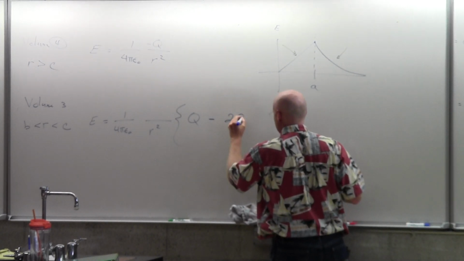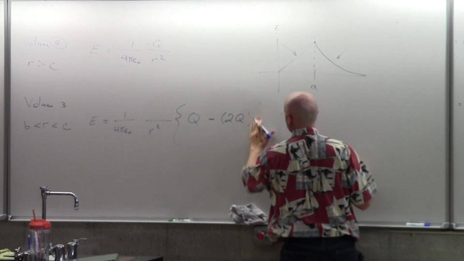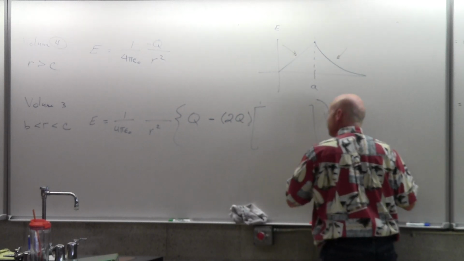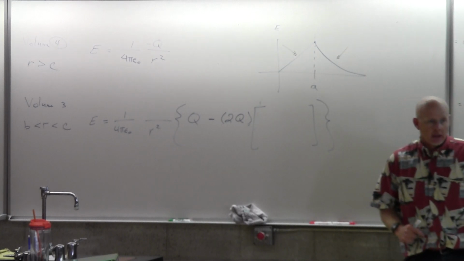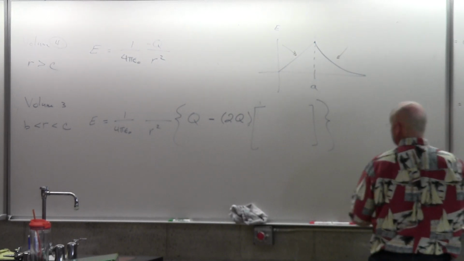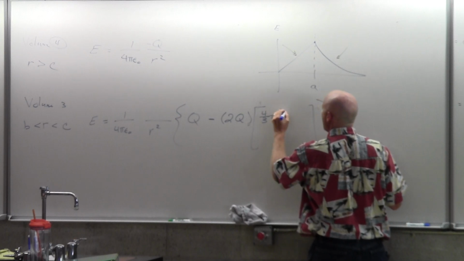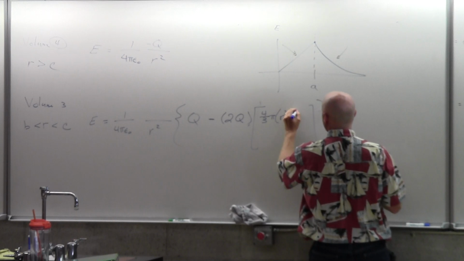Well, it would be a fraction of 2Q, wouldn't it? What fraction? Well, the fraction of how much volume you have compared to the whole volume of the shell, right? So if I only go a little distance, the volume would be 4/3 pi r cubed minus b cubed.